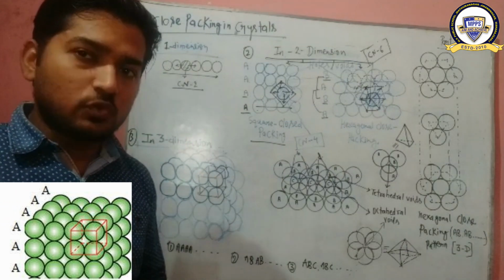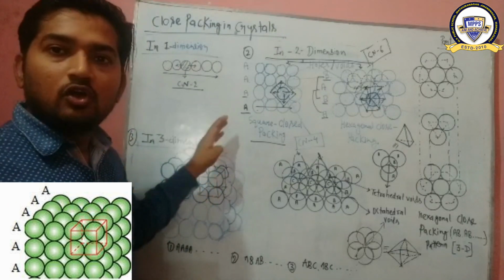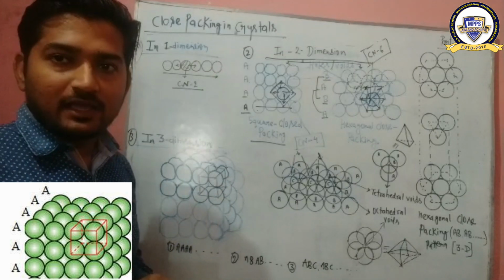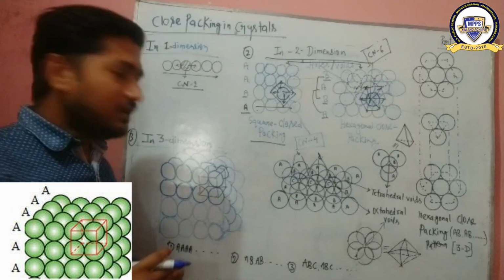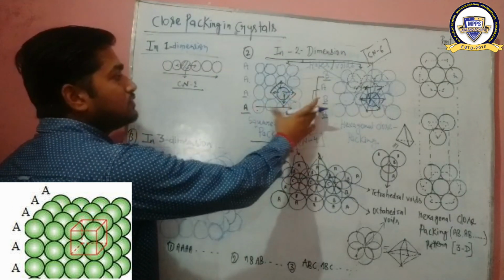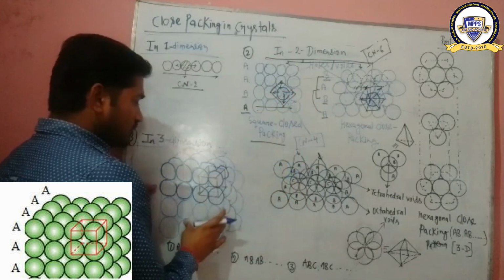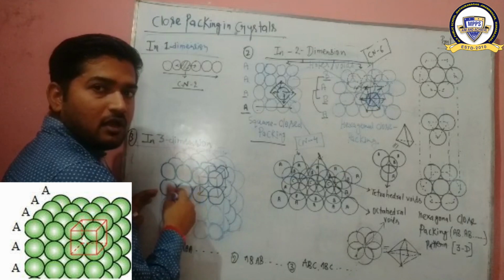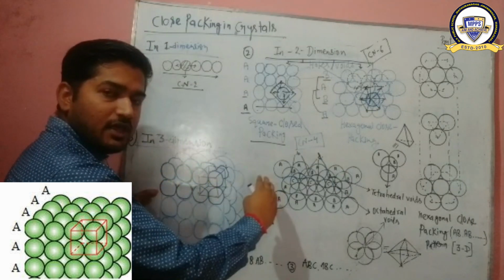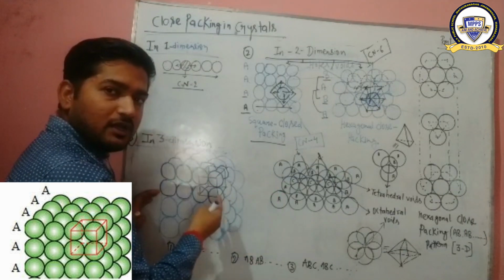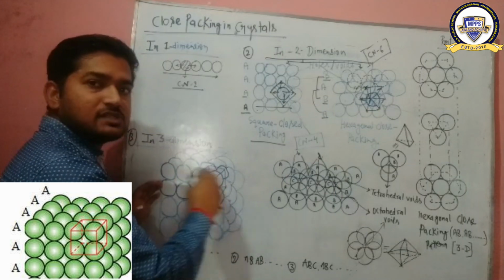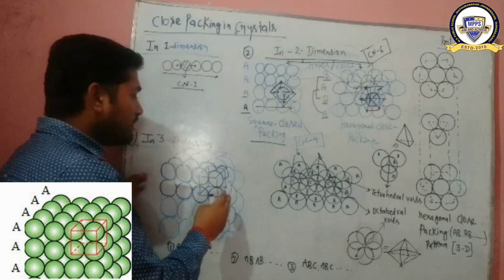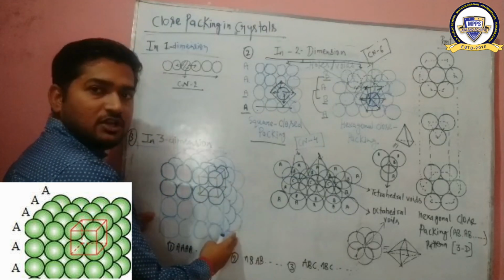AA arrangement is originated just to follow by square close packing in 2 dimension. When we use the square close packing from 2 dimension and put another spherical layer in a horizontal way and in a vertical way, if we arrange both sides, layer both sides horizontal and vertical, what we get is a 3-dimensional structure.